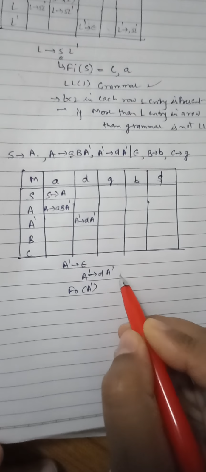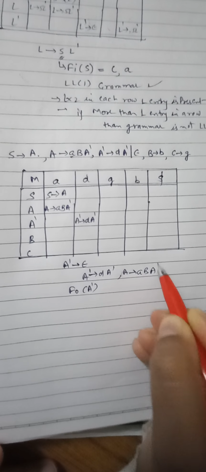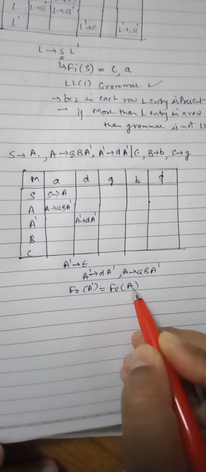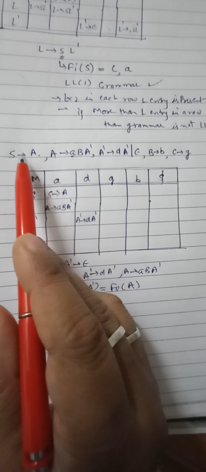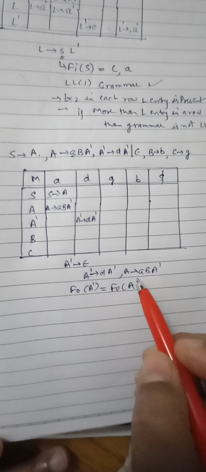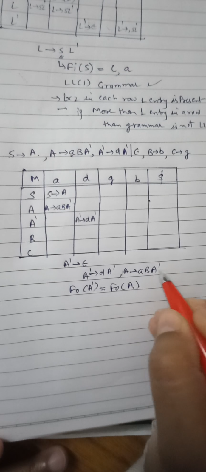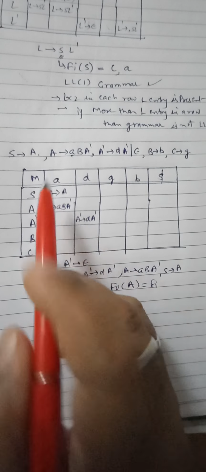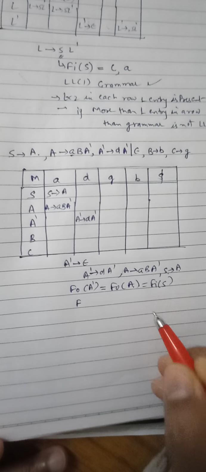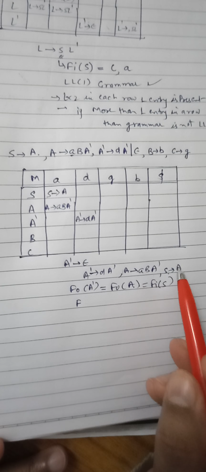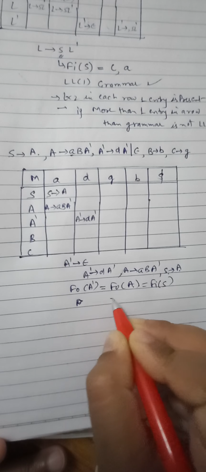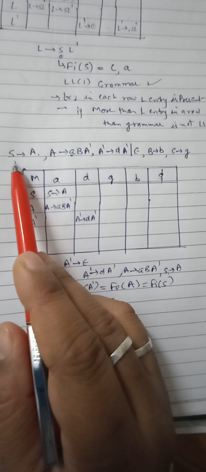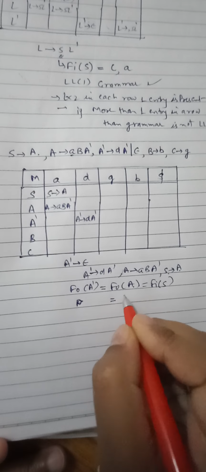From the production A tends to AB A dash, follow of A dash is equal to follow of A. And from S tends to A, follow of A is follow of S. Since S is the starting symbol of the grammar, follow of S will always be dollar.